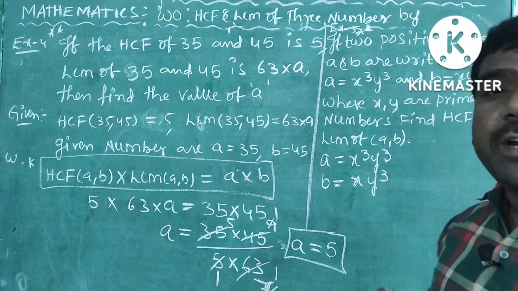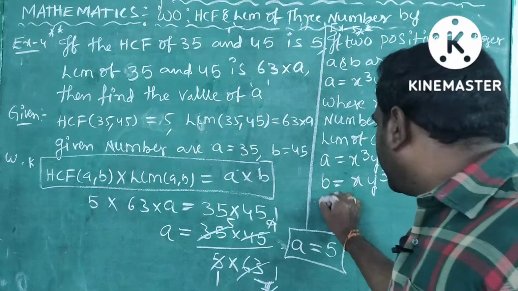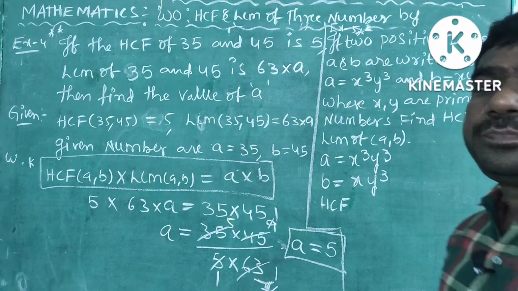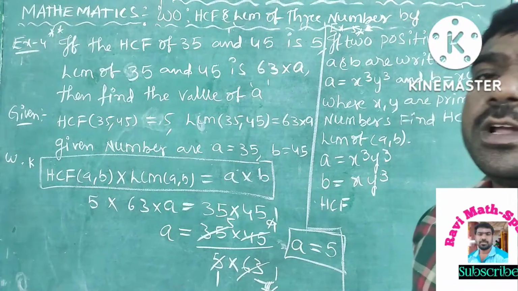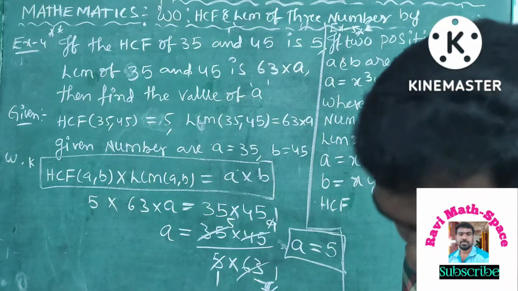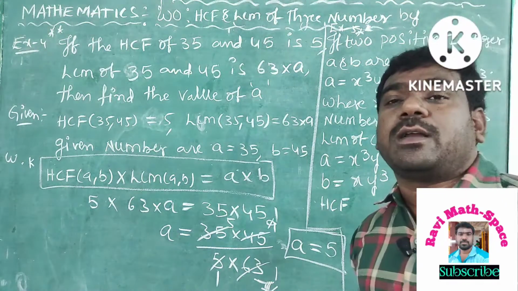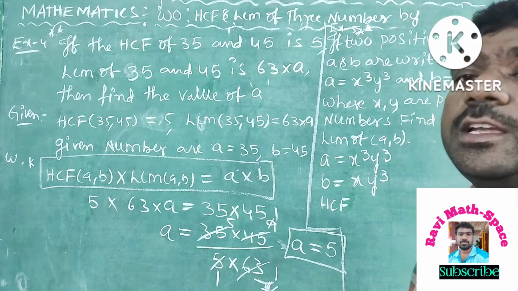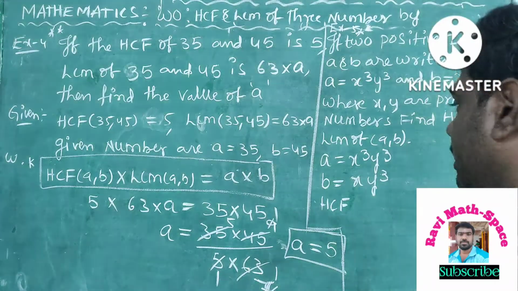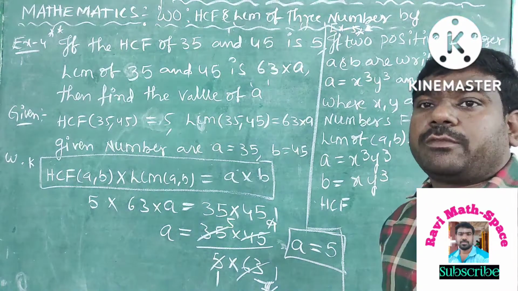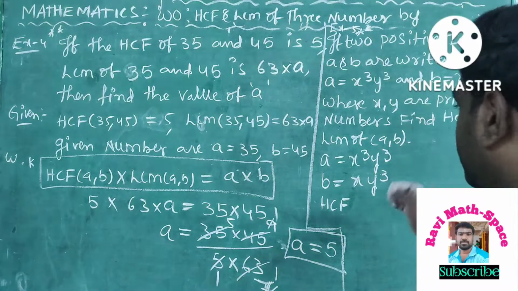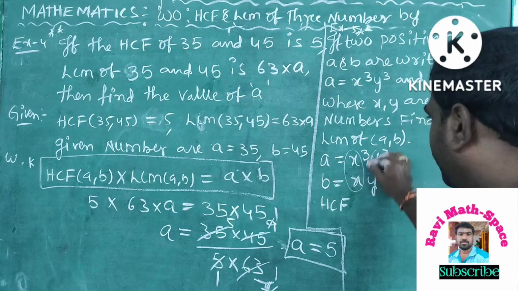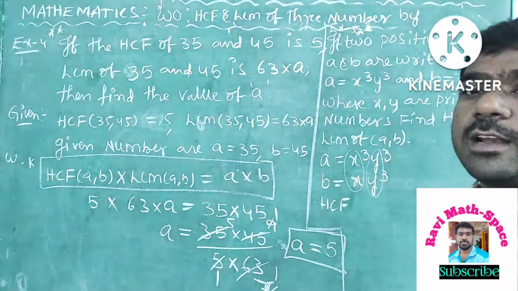Now what are we going to find out here? HCF. What is the formula for HCF? Product of the smallest power of each common factor involved in the numbers. First, the common factors here: x is a common factor, y is a common factor. Yes or no?